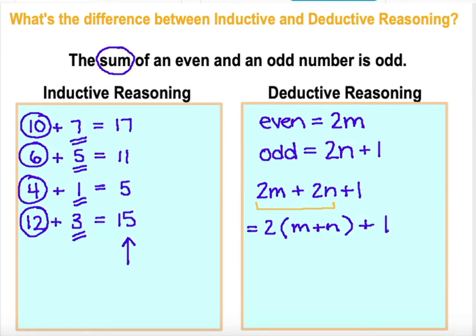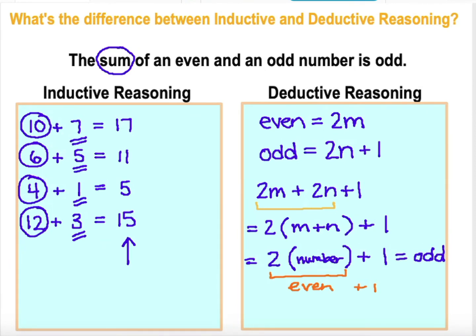And what we have now is 2 times some number plus 1. And 2 times some number is always even. And if you take an even plus 1, what does that always give us? That gives us an odd number.